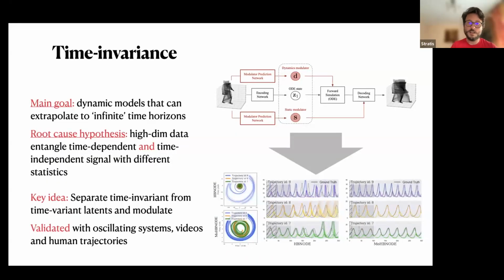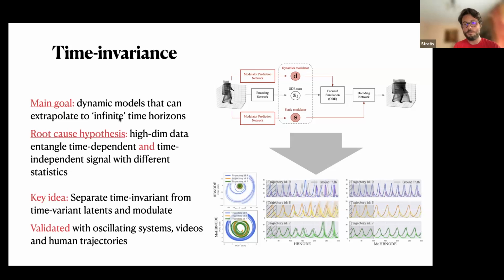Now, a summary slide that describes the general idea before I give the floor to Ilse about this work. We want to model basically time invariance and time variations. The main goal is to learn dynamic models that can extrapolate to infinite time horizons. For me personally, having a model which models temporality only within the narrow confines of the time horizon seen during training is not good enough.